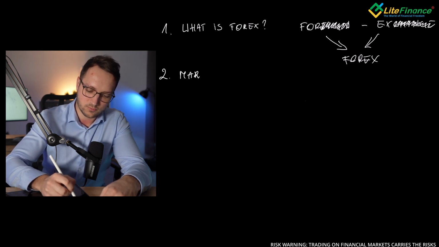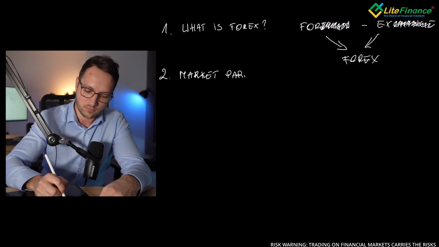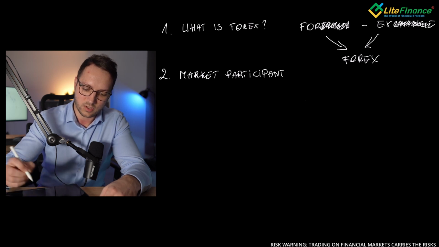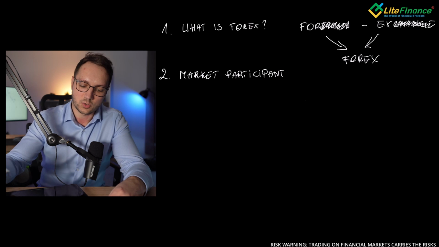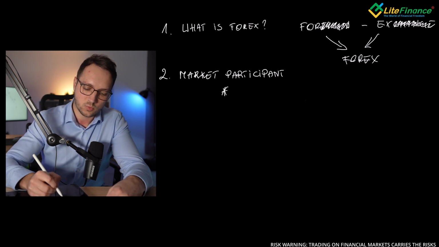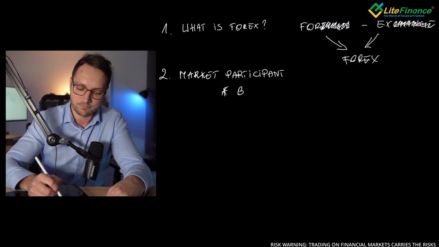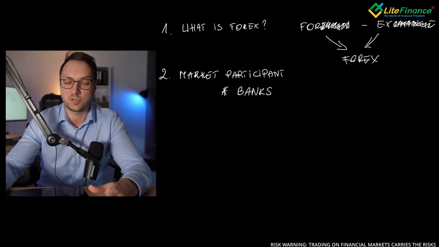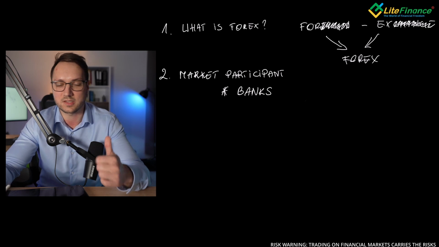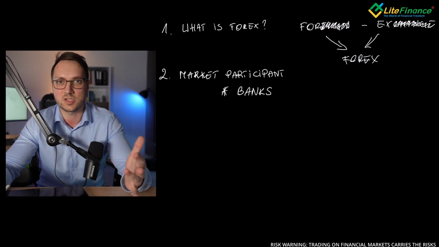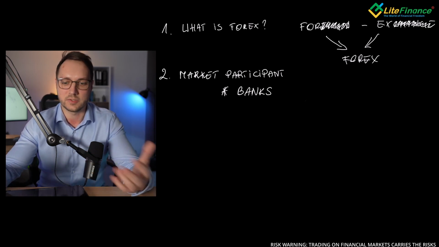Point number 2, market participants. And those are, firstly, commercial banks. Those would be the banks whose names you most likely know, like Goldman Sachs, Deutsche Bank, JP Morgan, HSBC, Barclays, and so on.